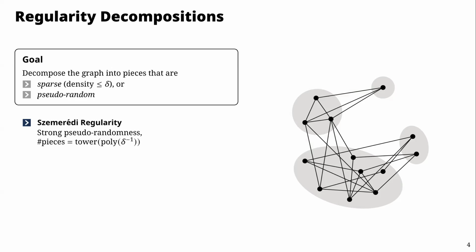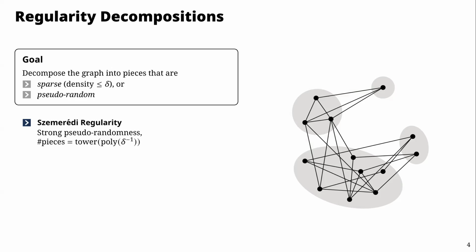Unfortunately, though, the number of pieces in Szemerédi's regularity lemma is really, really huge. It's a tower of height poly of delta inverse, so like 2 to the 2 to the 2 and so on. So while this gives a lot of very nice qualitative statements, as soon as you want quantitative bounds, they typically become very weak with Szemerédi regularity.